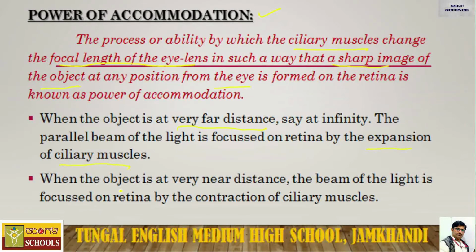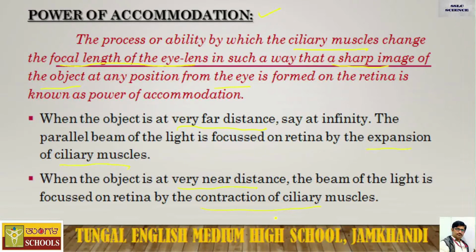Similarly, when objects are very near to us, the beam of light coming from them is focused on the retina by contraction. So contraction happens, and because of that you again get a sharp image.